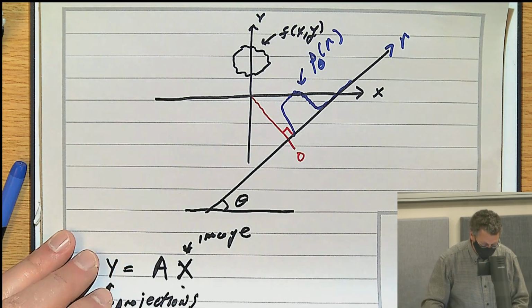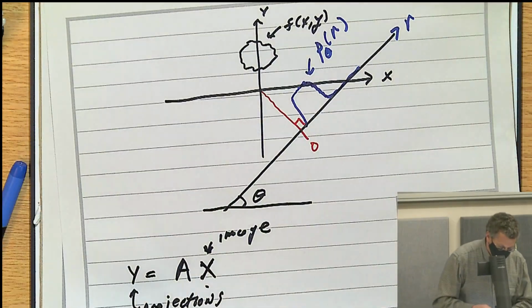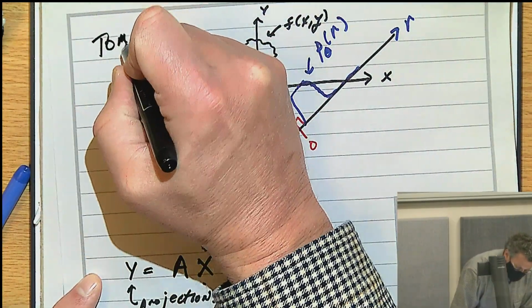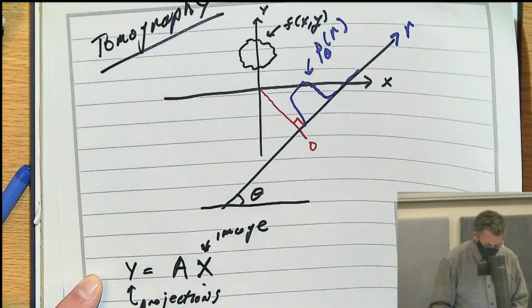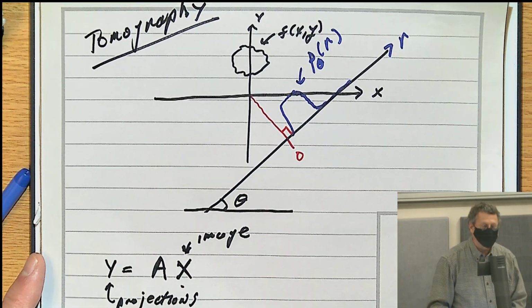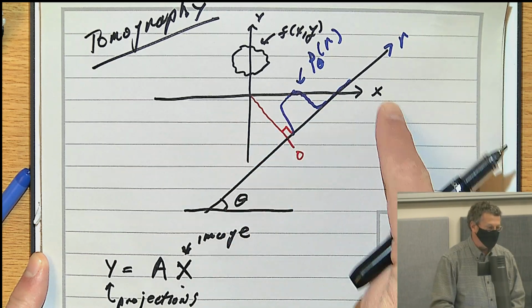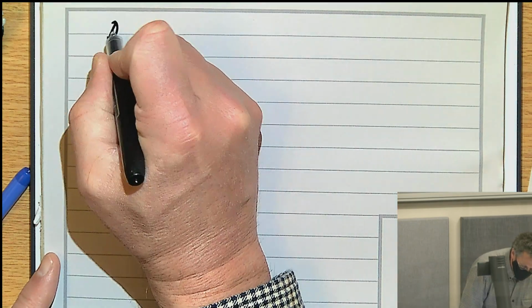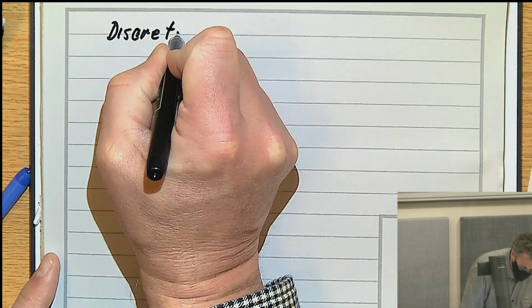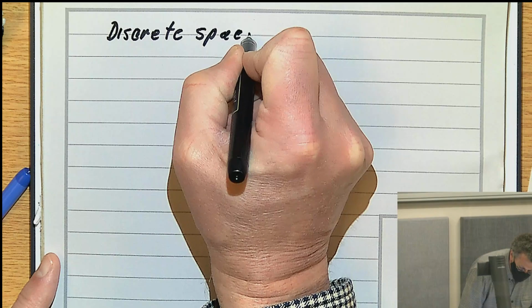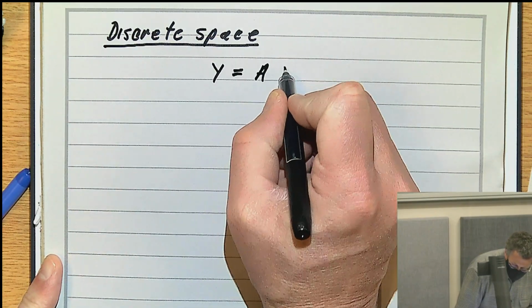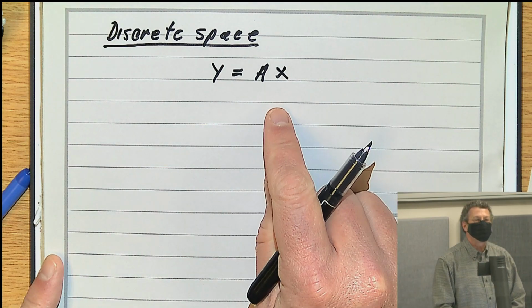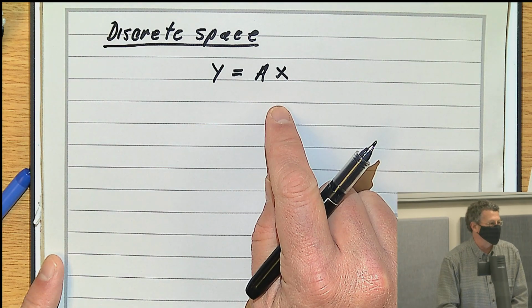So basically, this is tomography. Your goal in continuous space, you look at it this way, but in discrete space, you're really trying to solve a problem which is y equals Ax, which is something that should look familiar to you from linear algebra, right?